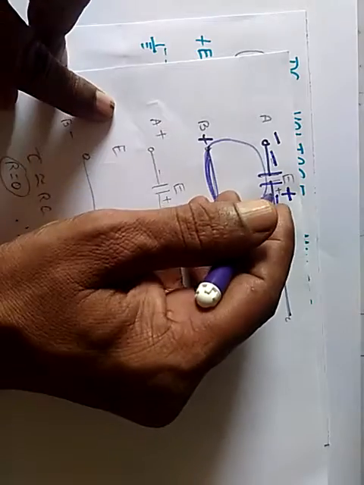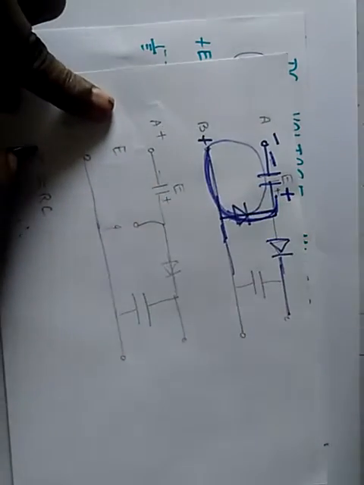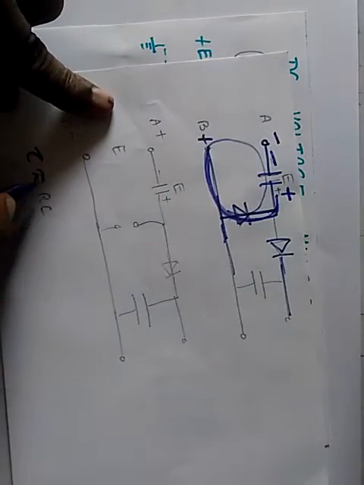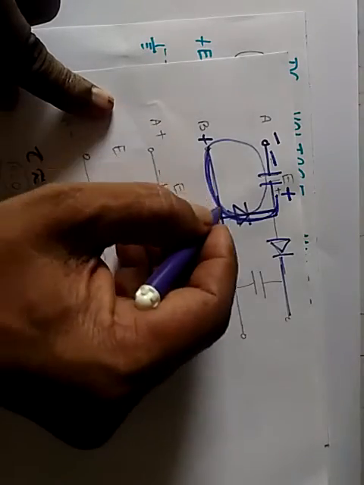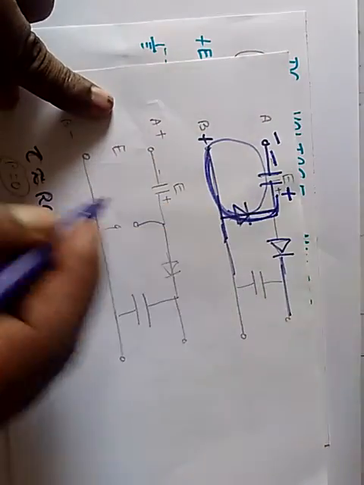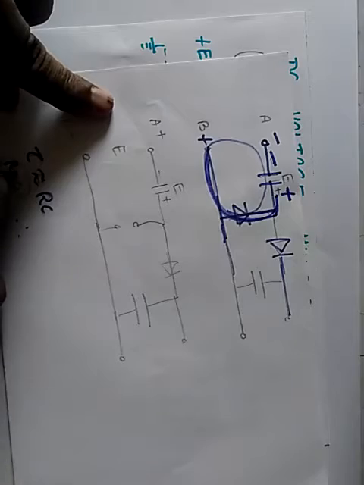Therefore this end is positive, this end is negative. Within no time it will charge, because tau, the charging time constant, is RC. But now we don't have any resistance because this diode acts as a short, so the R value is 0.